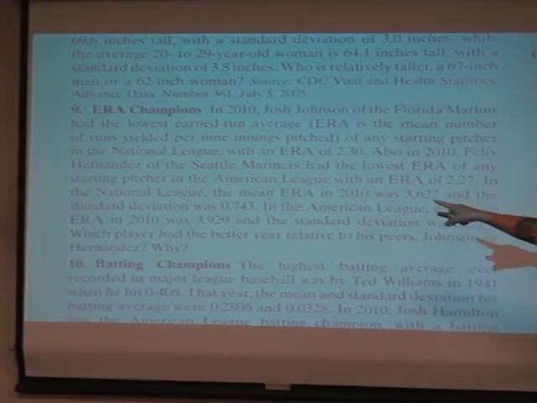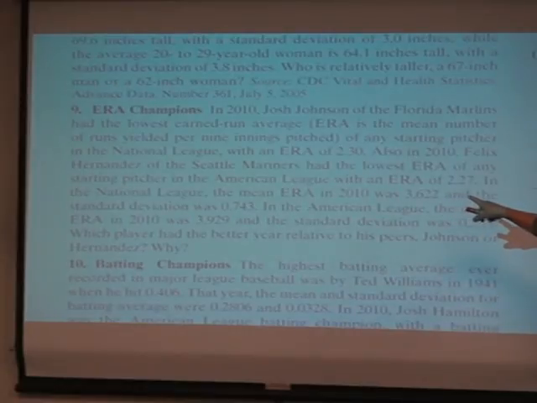So smaller is better in an ERA, right? Yeah, okay. Also in 2010, Felix Hernandez of the Seattle Mariners had the lowest ERA of any starting pitcher in the American League. His was 2.27.